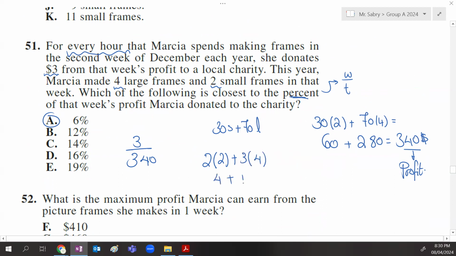So that's 4 plus 12, a total of 16 hours, and she'll spend $3 for every hour. So I'll multiply 16 times 3. Please go to the next link first. I'll rearrange this again.